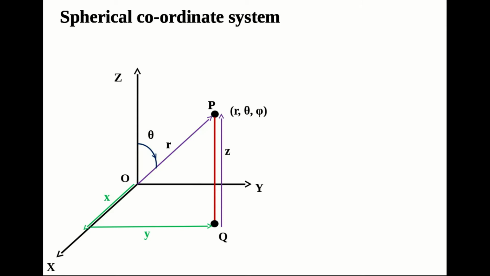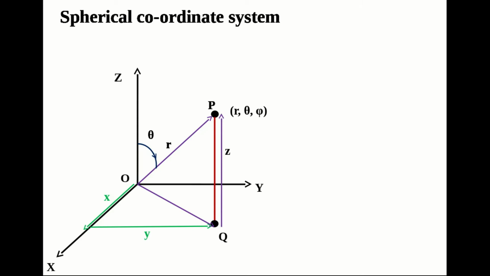We already dropped a perpendicular from point P to the xy plane and the foot of the perpendicular is point Q. It is on the xy plane. That is, the vector OQ is the projection of vector R on the xy plane.